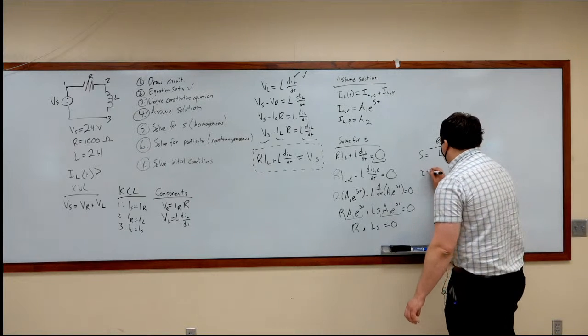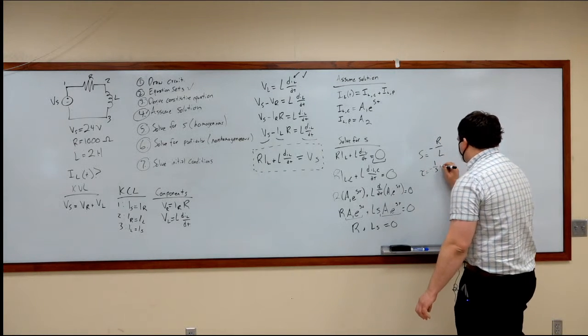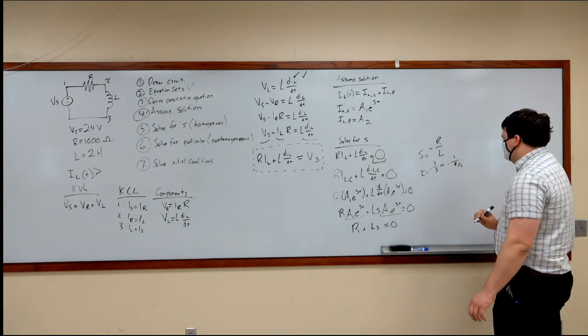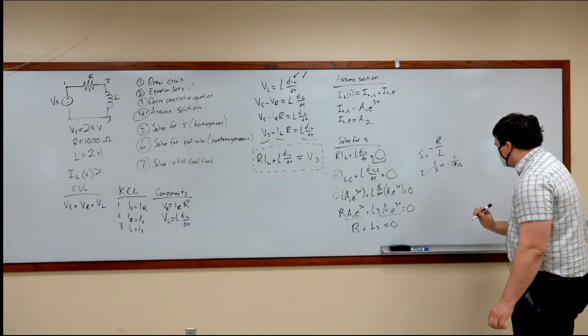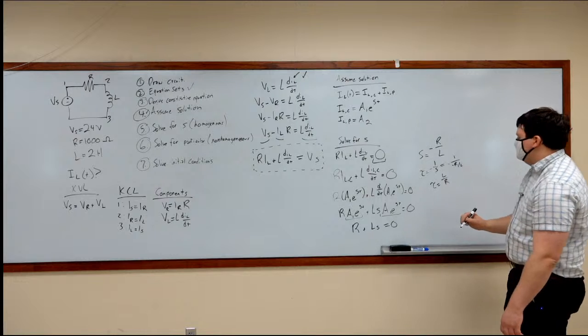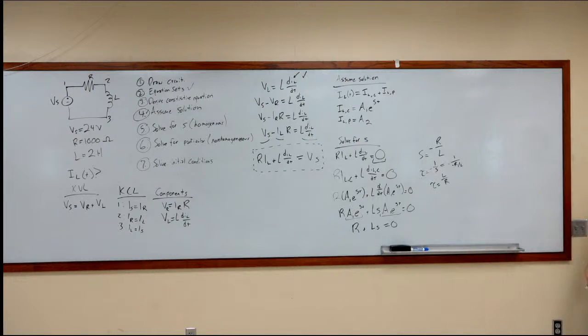It's negative 1 over s. So that's equal to negative 1 divided by negative R over L. So our tau is going to be equal to L over R. That's just the inverse of it. Tau has units of time here. s has units of 1 over time.